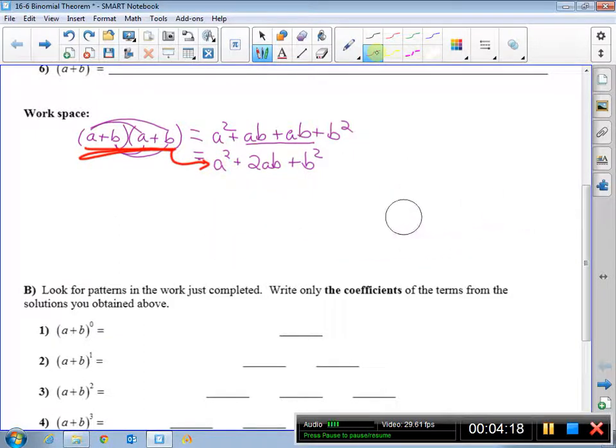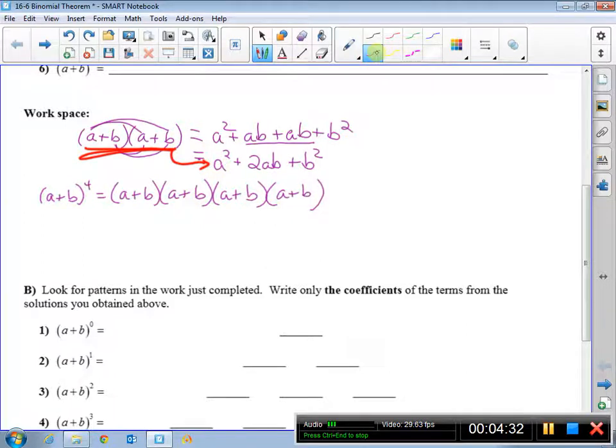You can use the back of your sheet or squeeze it in somewhere. If I'm doing a plus b all to the 4th, then that's a plus b times a plus b times a plus b times a plus b. And I know this is this answer from above, because that would be a plus b all squared, and so is this.